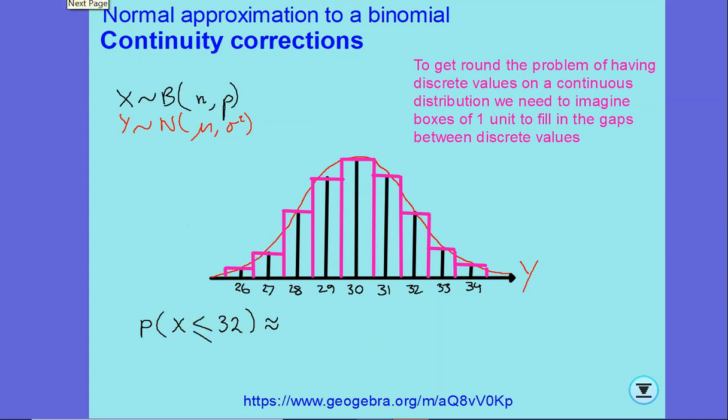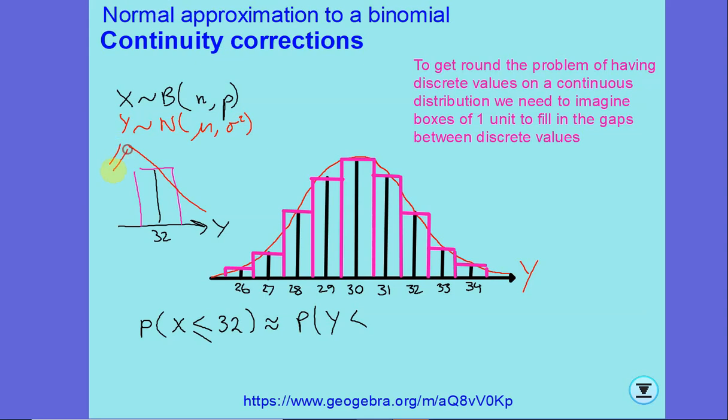Here's another one. We're looking at less than or equal to 32. So that is approximately equal to, using the normal distribution. Let's draw a picture. We've got our discrete line at 32. I'm going to draw a box around my 32. What does the line do on 32? Well, it's over this side, so you can see it's coming down here. And what do we want? We want less than or equal to 32.